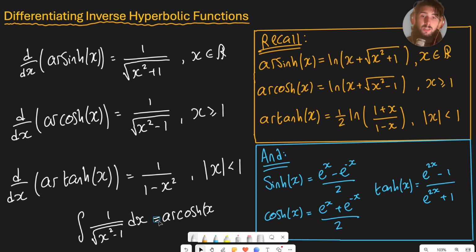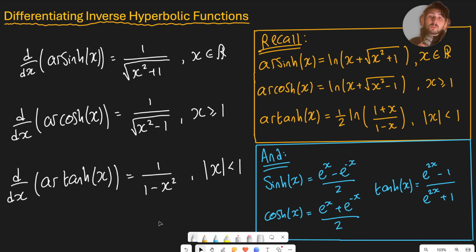Now, I've not done any examples in this video. Maybe I'll do another video where I do examples of the differentiation. Don't forget that you still have to use things like the chain rule, the quotient rule, the product rule, or whatever else when you differentiate functions that involve r sinh, r cosh, or r tanh. So if you need to differentiate something like r sinh squared of x, you need to use the chain rule.